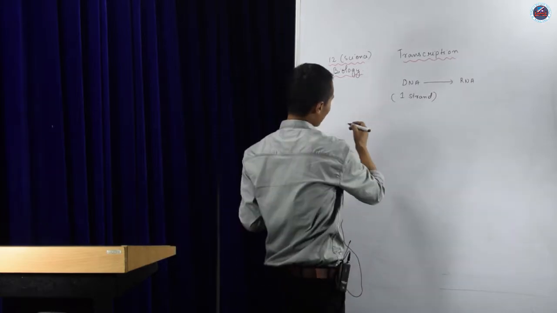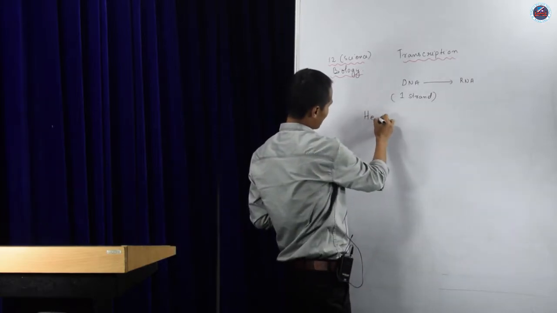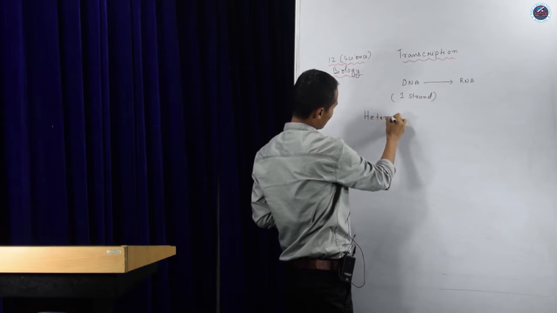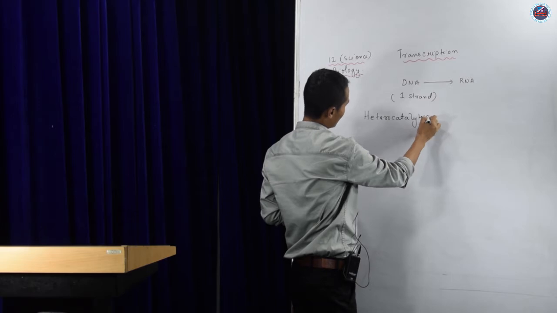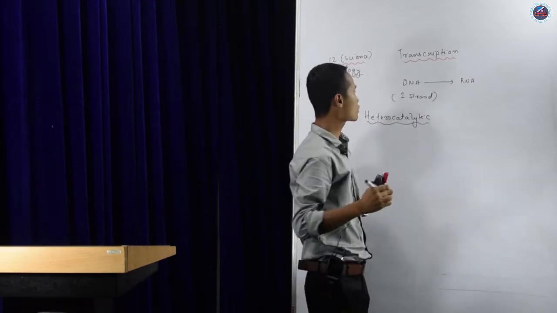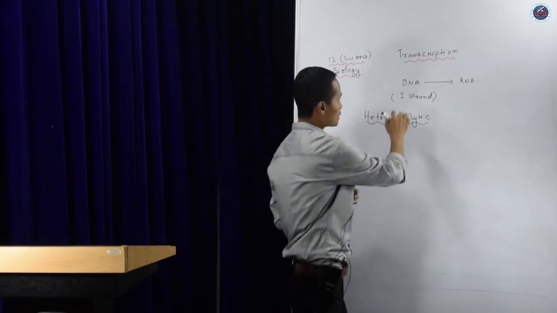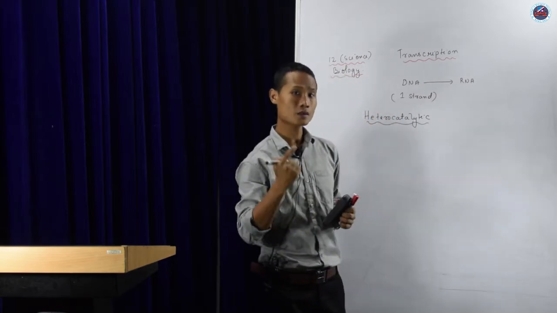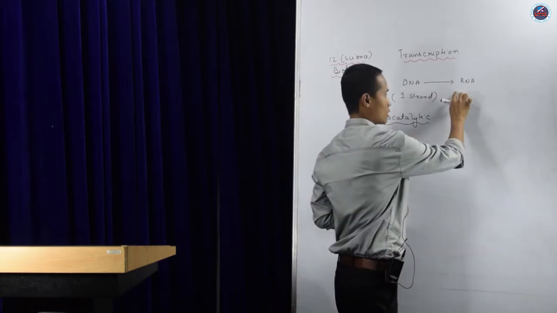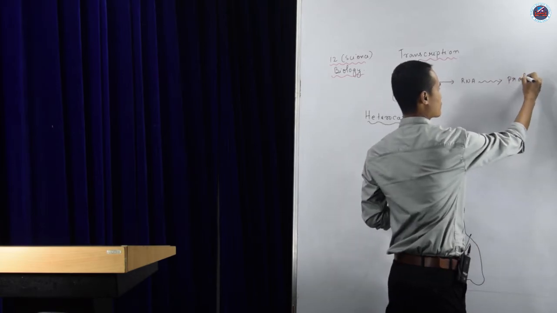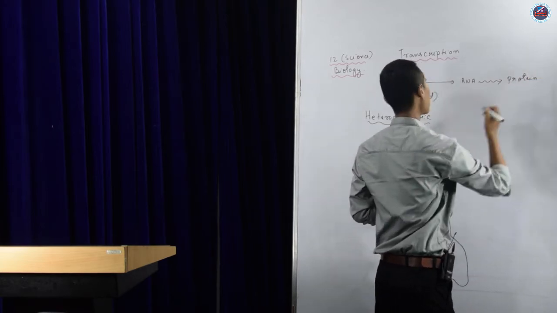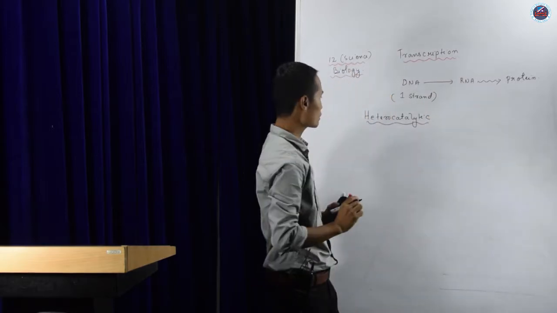Now, first of all, we have to understand heterocatalytic. Heterocatalytic means DNA will be helping for the synthesis of RNA and for the synthesis of protein. So that is said to be heterocatalytic.